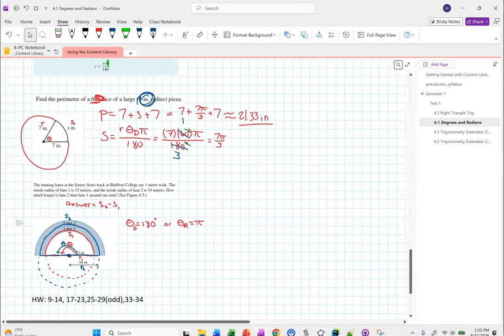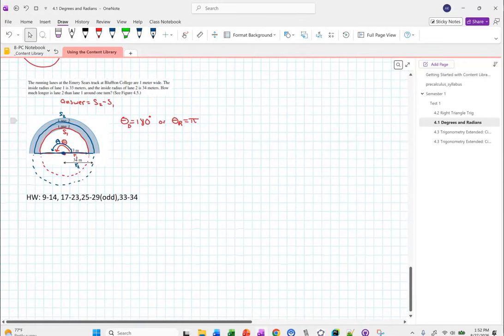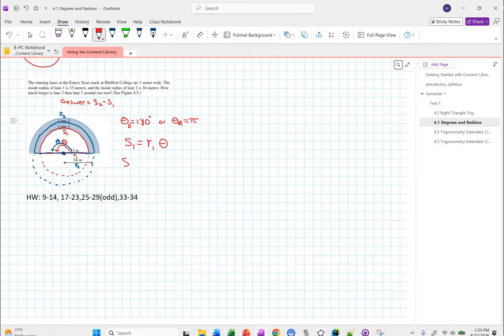All right, where were we? Down here. Okay. So we're going to say S1 is equal to R1 theta, and S2 is equal to R2 theta. So R1 was 33 degrees, and theta R was pi.